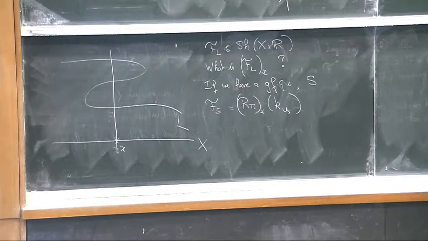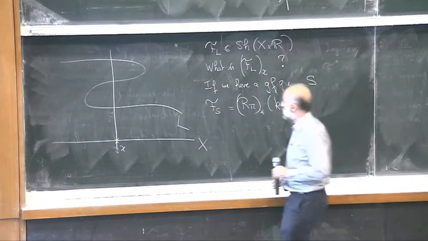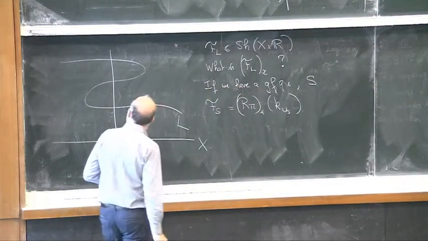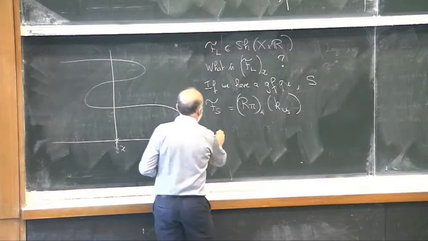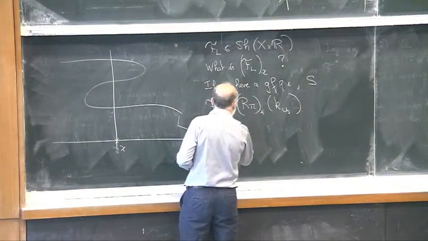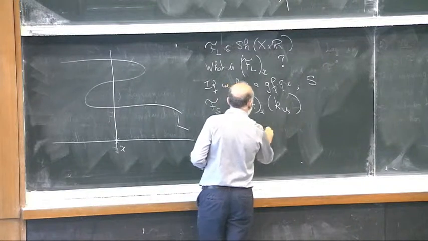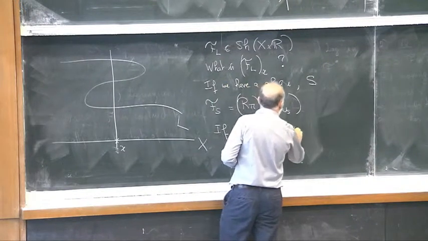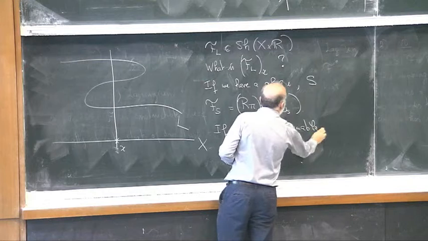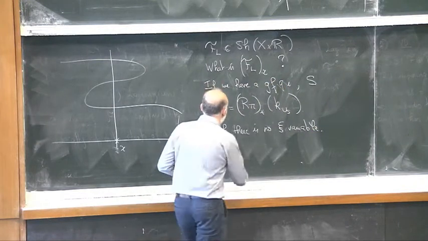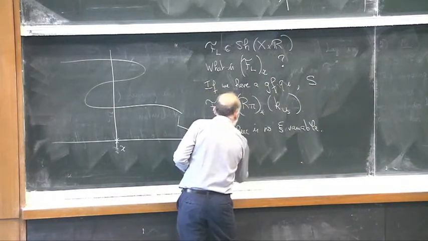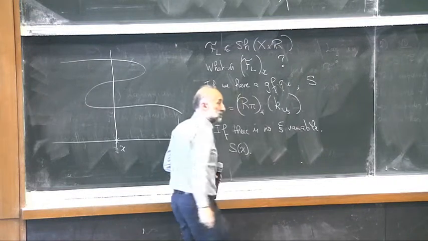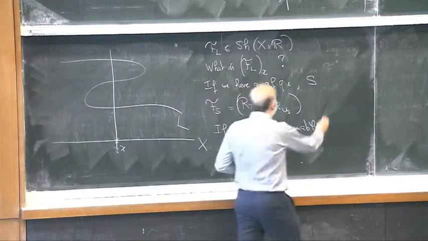So maybe I should start by looking at the case where there is no ξ variable, so I just have a function S of x.